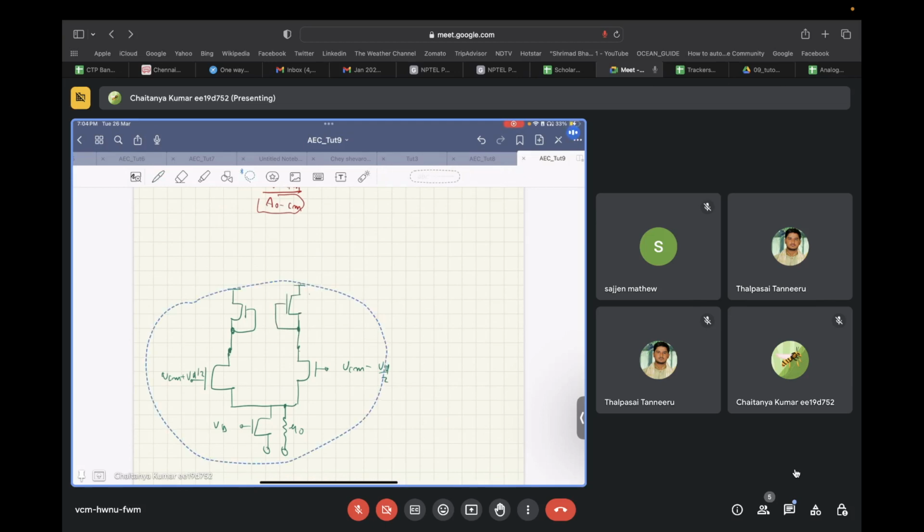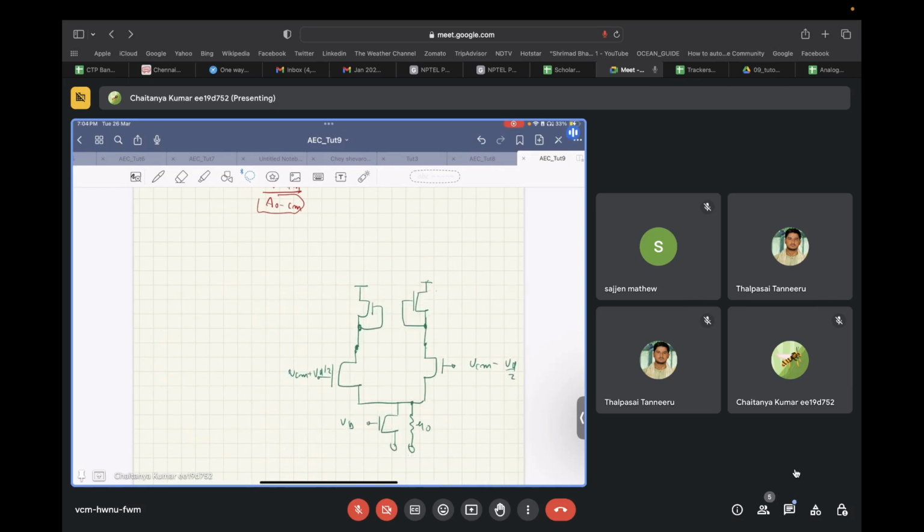We have one circuit like this, and the other circuit, as we saw over here, that looks like this. The original circuit.